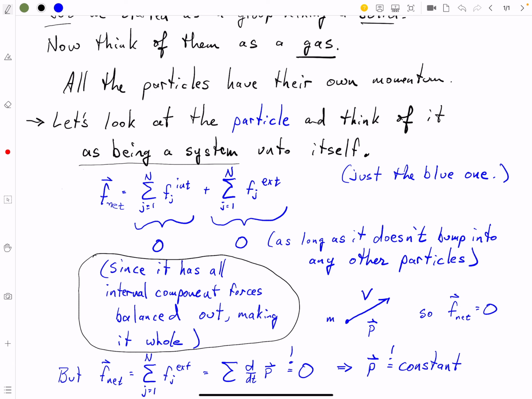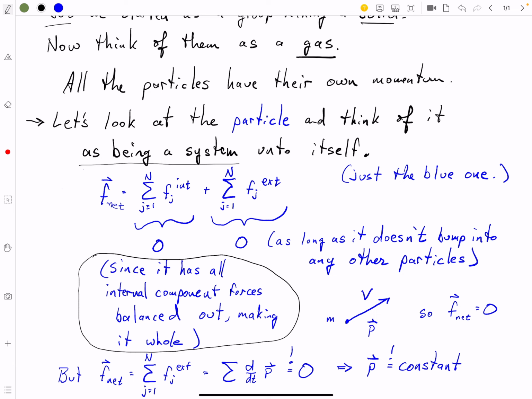All right, we have cut out the rest of the system, and we're just focusing on our blue particle as the system. Just like we made the eraser the system when we noticed that with respect to itself, the eraser had no velocity and therefore no kinetic energy. Well, we're doing a similar thing. We're just looking at the one particle.